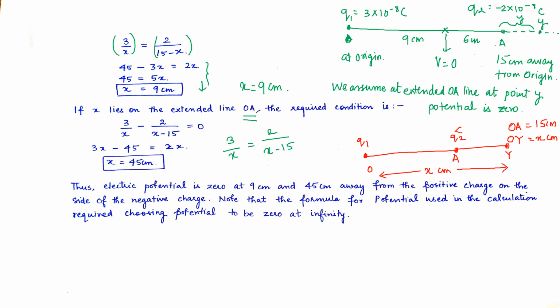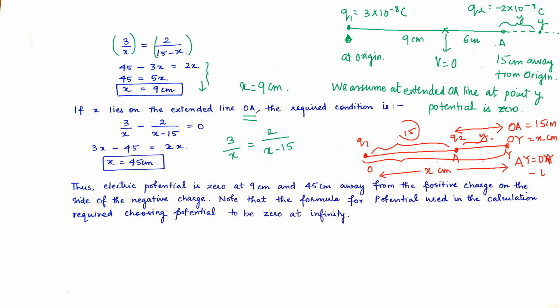Now, what will be this value? This total value minus 15 will give us this AY value. So AY equals OY minus OA, since OY is bigger.